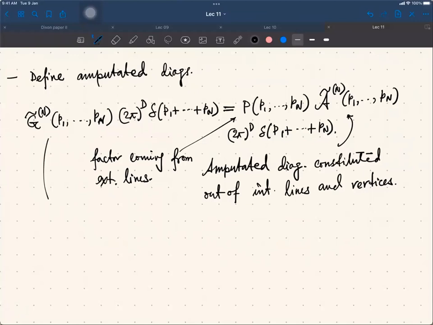So if this diagram G tilde has any particular diagram where we have this P1, P2, P3, and so on, then this is basically the amputated diagram.